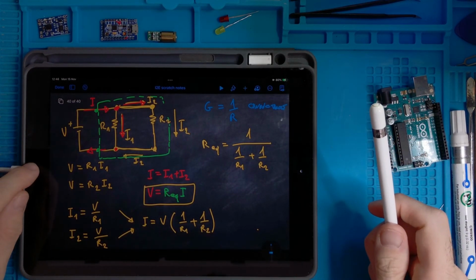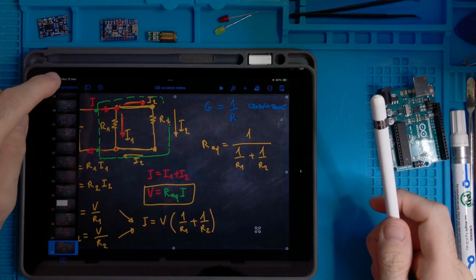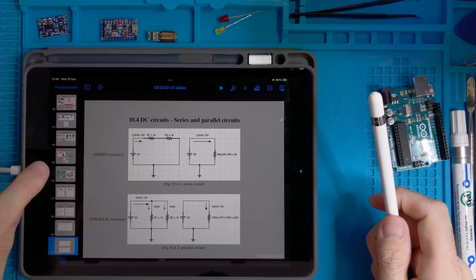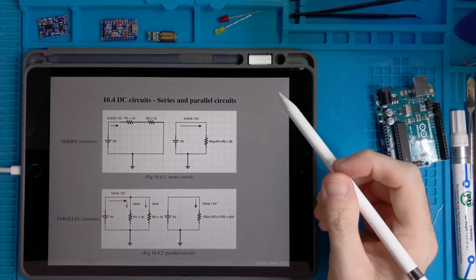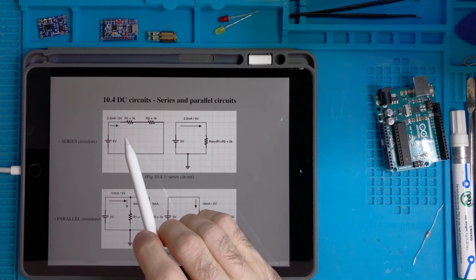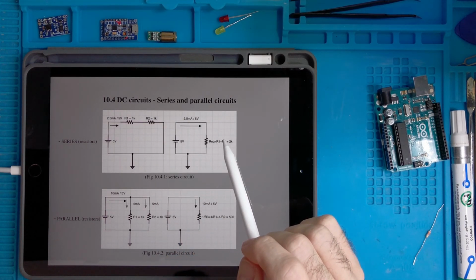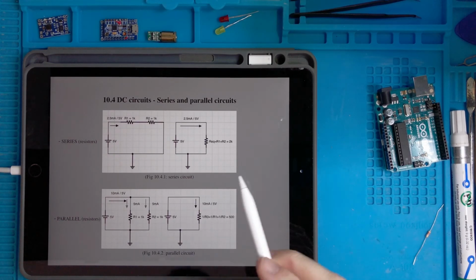So coming back to the presentation, what we can say about this is that the equivalent resistor of a series of resistors is the summation of the resistances, while the equivalent conductance of a parallel of conductances is the summation of the conductances.